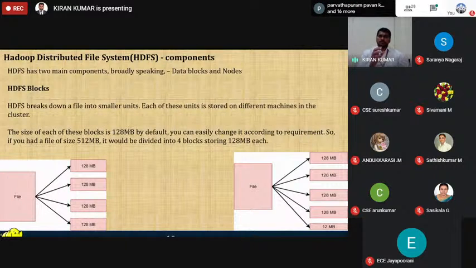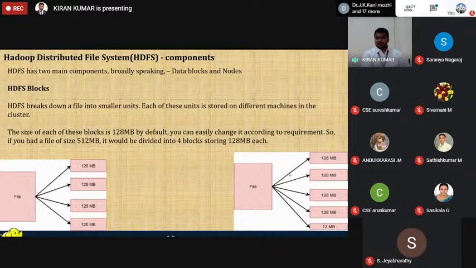Whatever data we try to store in Hadoop, just take an example, I have a file size of 512 MB. So this is my file. If I wish to store this file in the Hadoop architecture, my file will be broken into chunks. You can see the first block is created with 128 MB, then the second block, third block, fourth block. These are nothing but HDFS blocks.